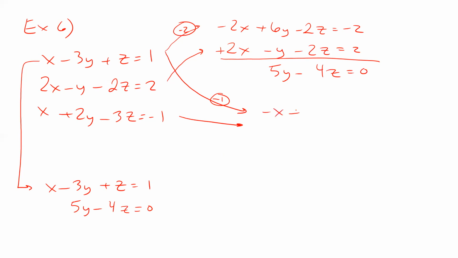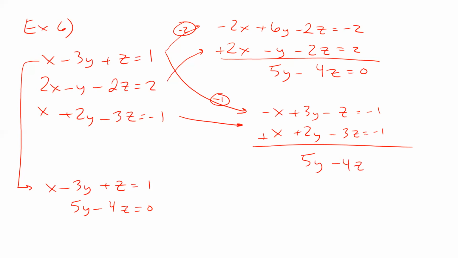So -x plus 3y minus z is equal to -1. Bottom equation stays the same, but hopefully we'll get rid of it. Now, what is my new found third equation? 5y minus 4z is equal to -2.